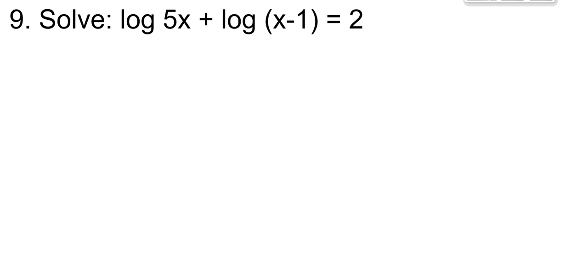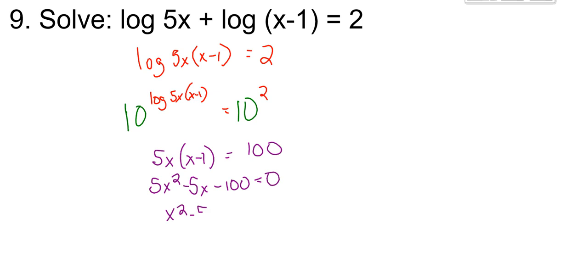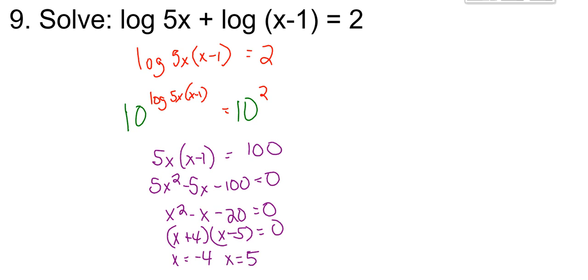Okay, so we get that condensing of that first, then we're going to exponentiate using a base of 10, and then we get a quadratic. Notice I'm factoring out a common factor of 5, makes it easier to factor, and I get those two answers. Am I done?